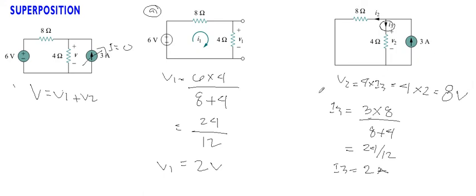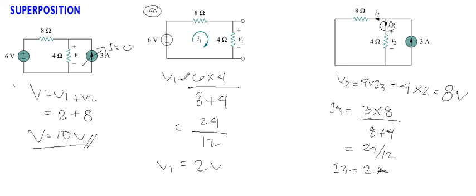So now, since we have the values for V1 and V2, we simply do the summation of their values. So we have 2 for V1 and for V2 we have 8. So now we have 10 volts. So that's it. It's just that easy.